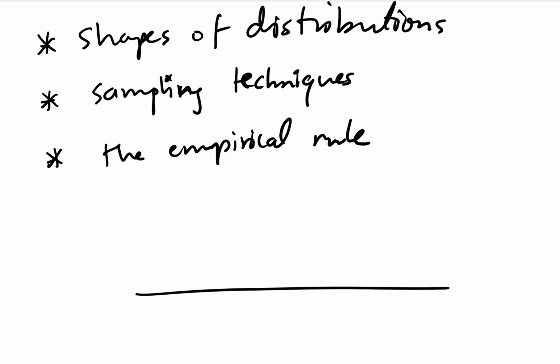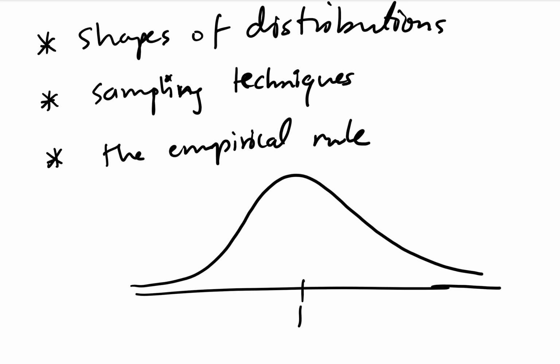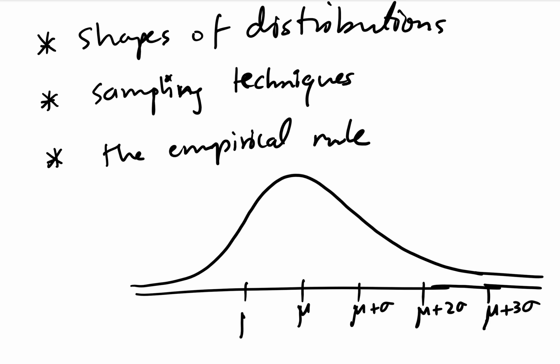The empirical rule is the one that goes like this. Like you have the mean here, mean plus 1 standard deviation, mean plus 2 standard deviations, mean plus 3 standard deviations, mean minus 1 standard deviation, mean minus 2, mean minus 3 standard deviations. Look into this.